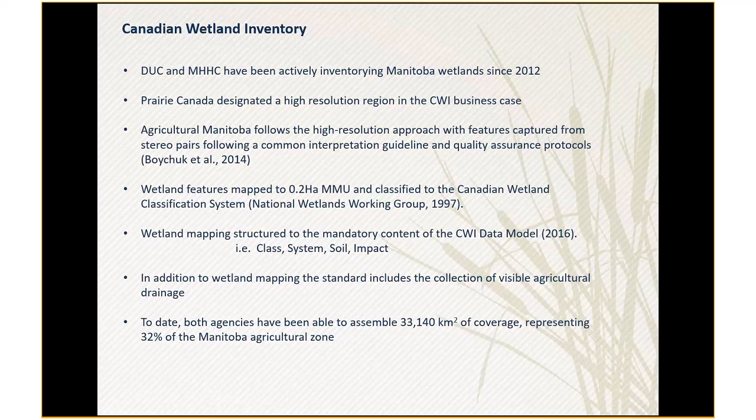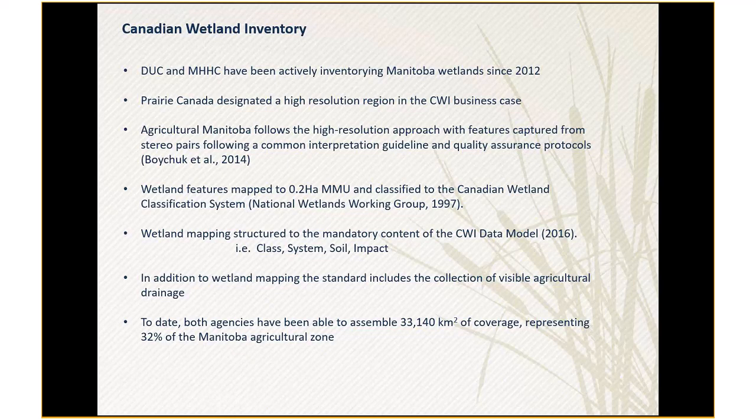This is standardized data following a standardized interpretation guide, classification guide, established at a 0.2 hectare minimum mapping unit, and it all falls to the mandatory content of the CWI model, i.e., having the class, system, soil, and impact codes for each feature.